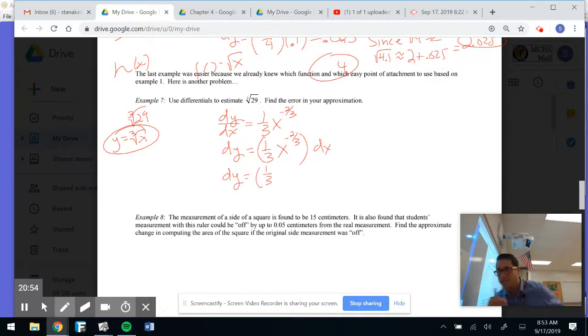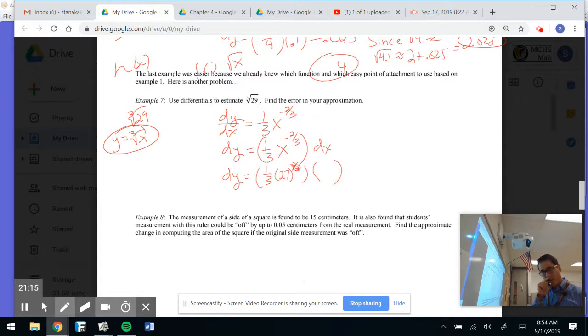I want to show off the skills, right? So I get 1/3, and then let's use 27, because I've always told you, you better take a root first, okay? And then I have a change in x. Well, 27, but I really want to do 29. I'm going to have to really think about this, right, class?